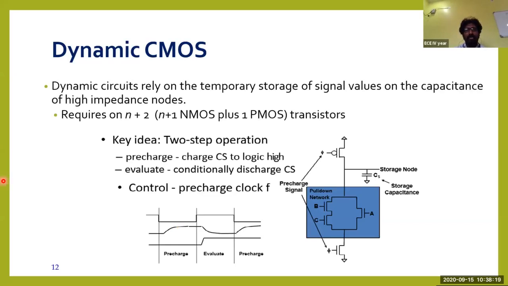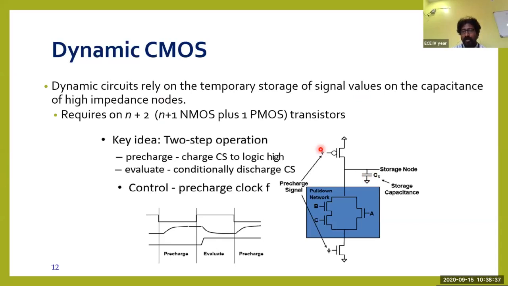In dynamic CMOS logic, the circuit relies on the temporary storage of signal values on the capacitance of a high impedance node. Why? Because the signal is stored here temporarily for the phase of this clock.